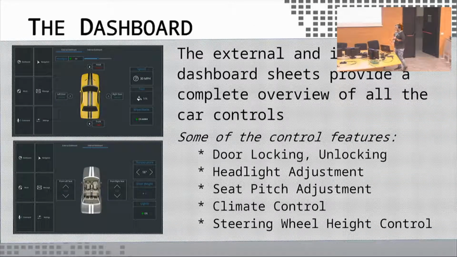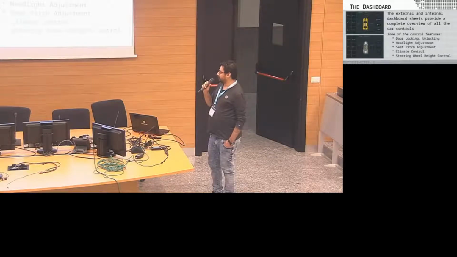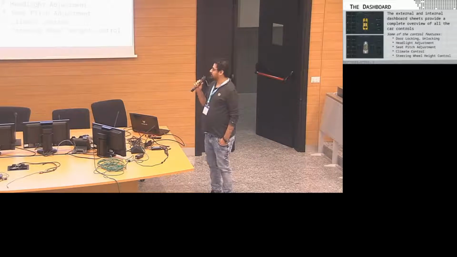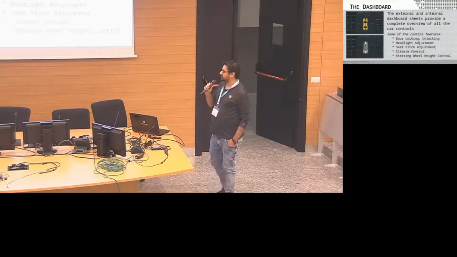Now coming to the main thing, the dashboard. The dashboard has two views, two sub-modules. The first one is the external dashboard. It has all the physical or external controls of a car that would be on the dashboard, like controlling your car doors, your headlight system, and your wiper blade system.